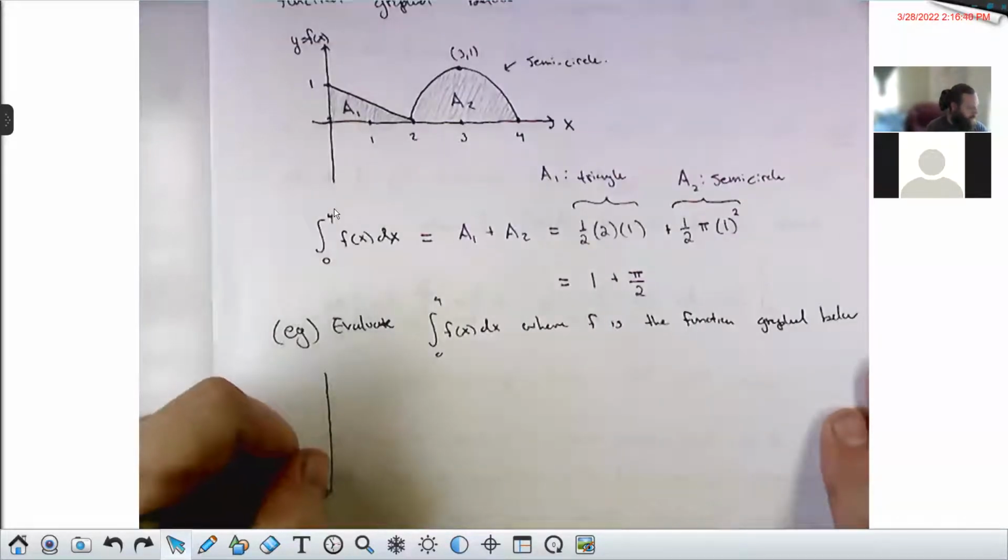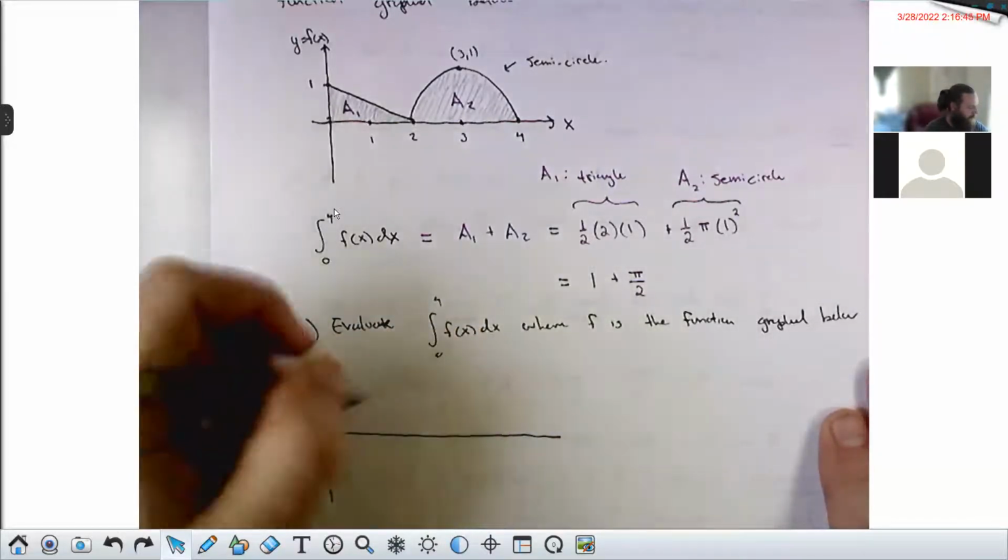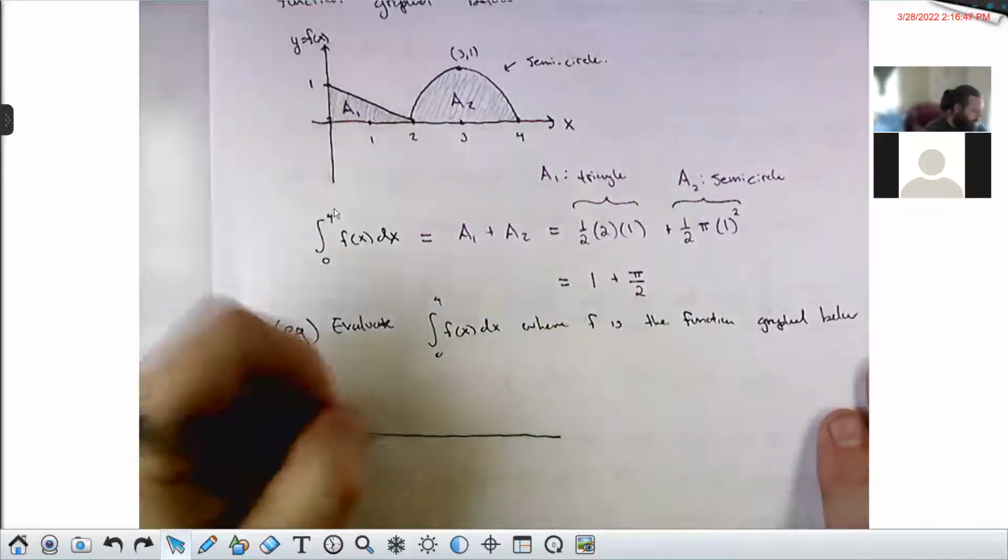Really, I'm just trying to point out to you the difference between signed area and area.